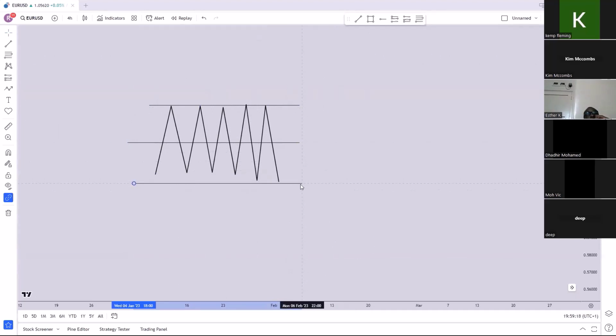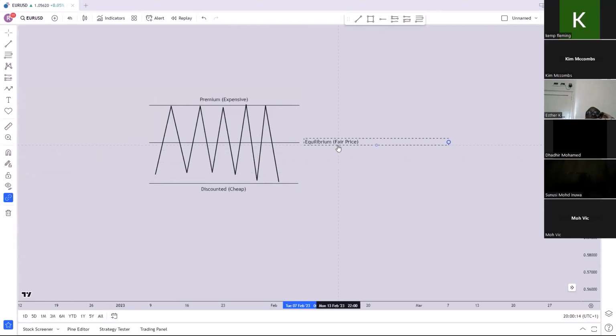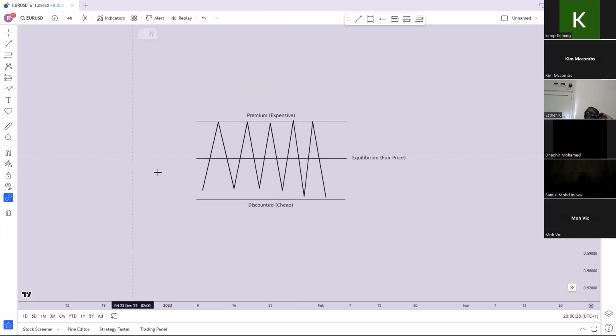Okay, let's just even this up. Once we get a huge breakout of this zone, it suggests that there has been a large order put through the markets. So once we get a breakout, that suggests again that there has been a large order put through the market.